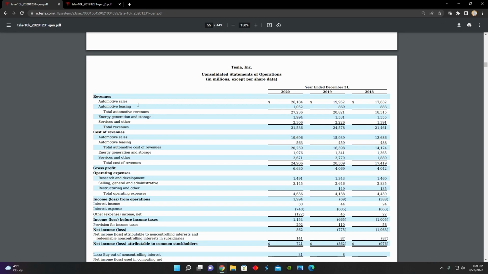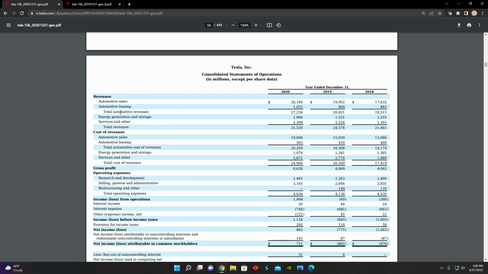But just to touch on it a little bit, the automotive sales for Tesla is revenue that they bring in from deliveries of new vehicles and also pay-per-use charges from their supercharger stations, internet connectivity, their full self-driving features, and their over-the-air software updates.